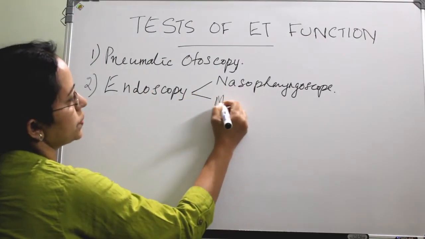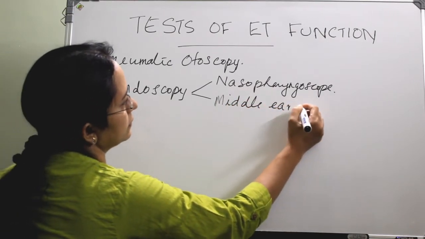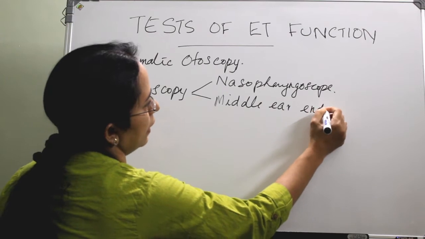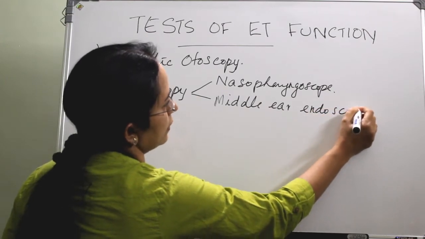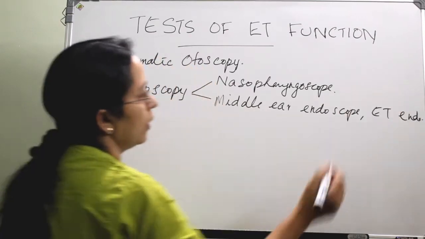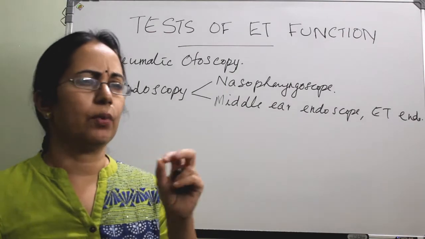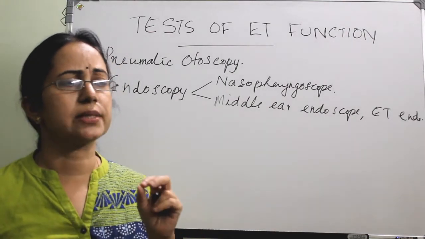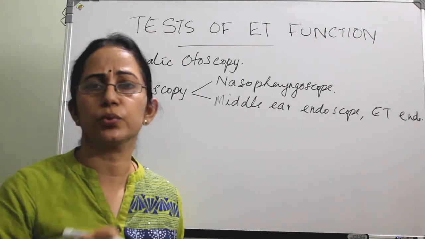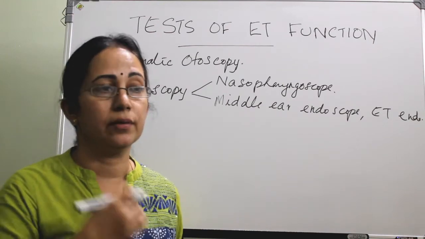And also there are Eustachian tube endoscopes. Actually, the Eustachian tube endoscopes are very small flexible endoscopes which can be passed through the Eustachian tube to see the patency and also the functional capacity.